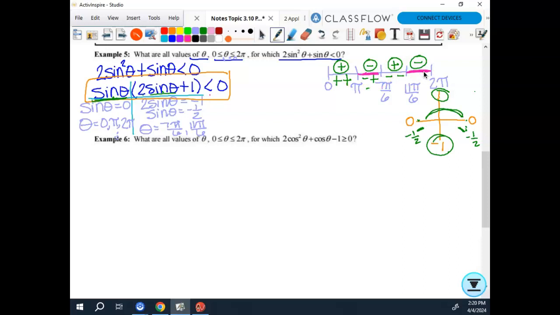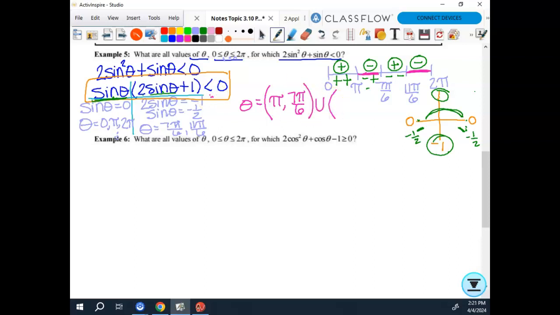So theta is equal to, I'm going from pi to 7 pi 6, parentheses or brackets? Parentheses.